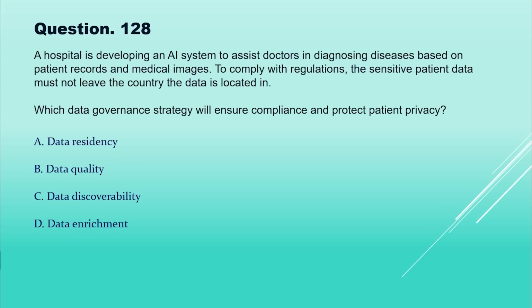So these are the options here. You can take your time to guess the correct answer. And the correct answer here will be data residency, because it ensures that the sensitive data remains within the geographic boundaries of a specific country or region, helping to comply with data sovereignty and privacy regulations such as HIPAA or GDPR. So option A, data residency, is correct here.